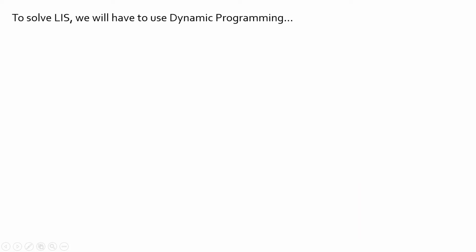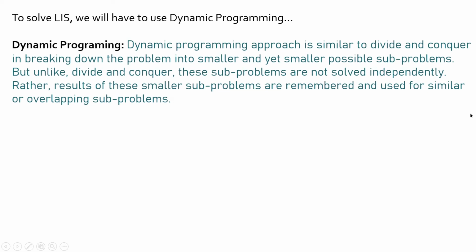Now what is dynamic programming? The dynamic programming approach is similar to divide and conquer in breaking down the problem into smaller and yet smaller possible subproblems. But unlike divide and conquer, these subproblems are not solved independently. Rather, results of the subproblems are remembered and used for similar or overlapping subproblems.